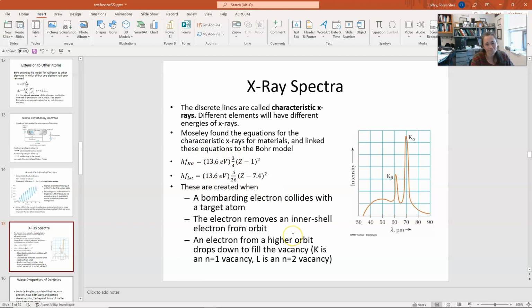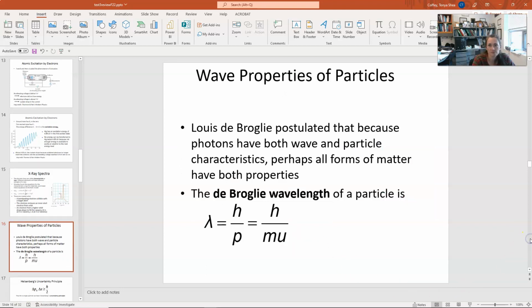Okay? So, since he managed to link this back to Bohr's model, this was hailed as a great success, a verification of Bohr's model. He also used this data to predict certain elements that were missing from the periodic table. Okay, so he found some new elements that people then later discovered, and it was a great triumph.